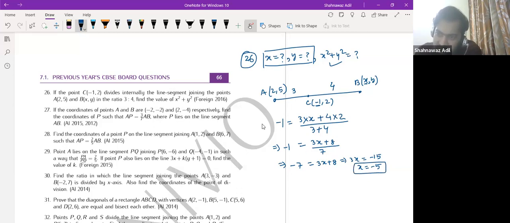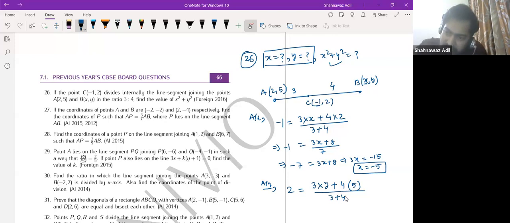Similarly, we can calculate this part. Let us write it. The y coordinate, we should write the y coordinate of C. This would be m y2, so m y2 is 3 y, plus n, which is 4, into y1, which is 5, divided by 3 plus 4.